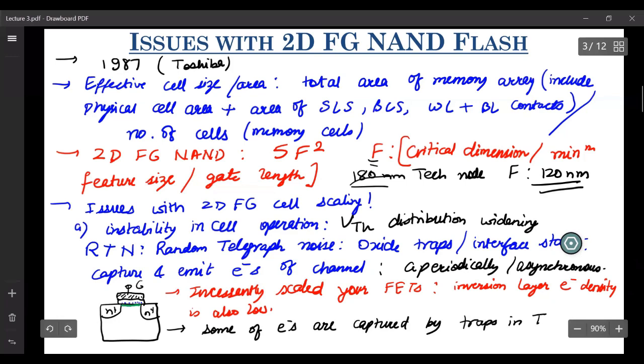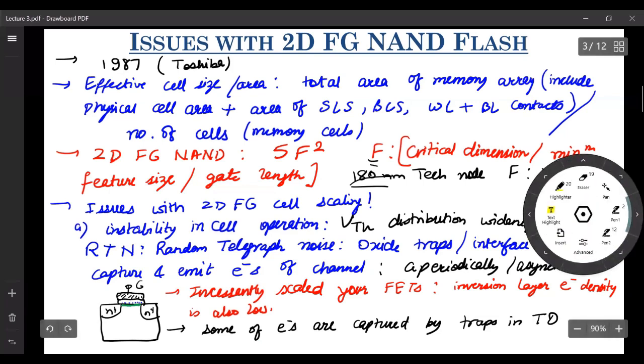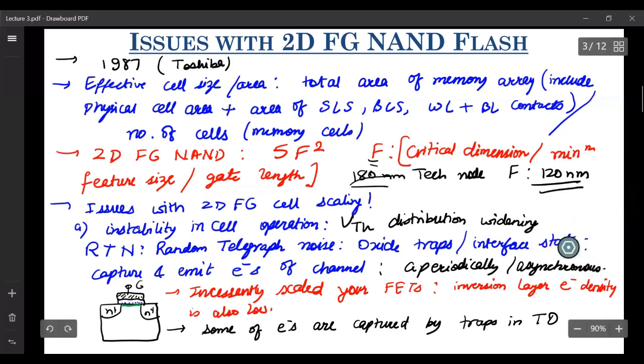Here in the flash cells, it would mean tunnel oxide. So the number of electrons in your inversion layer is already low, and if some of them are captured by the traps in the TO, then the effective threshold voltage that you calculate will change, right? So your effective VT changes. How does your effective VT change? What exactly is your threshold voltage?